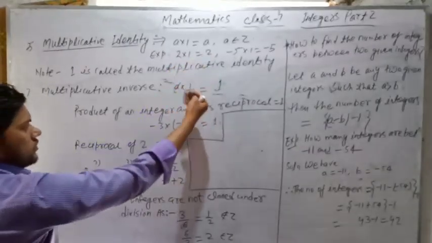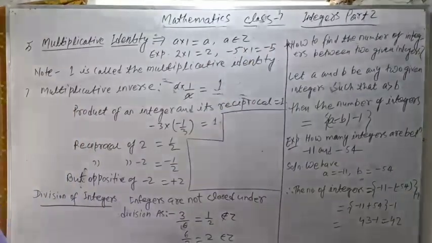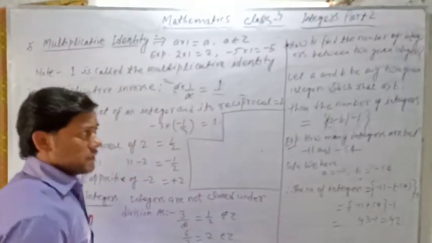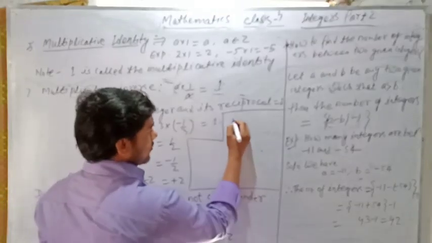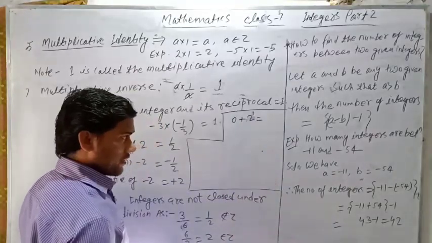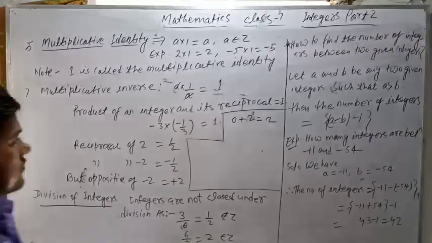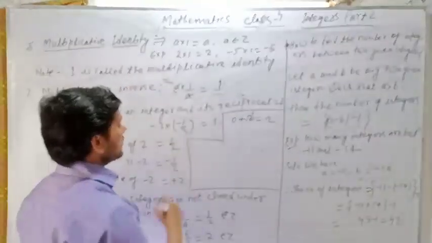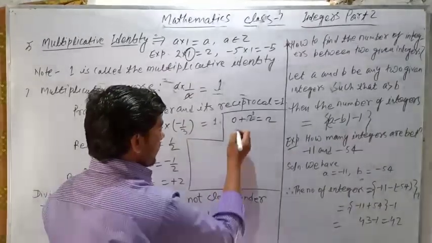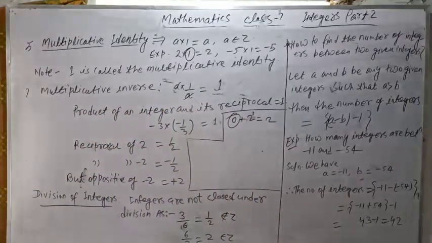That is, 1 is called the multiplicative identity. In additive identity, if we add 0 with any integer, we get that same integer itself. Similarly, 1 is called the multiplicative identity, and 0 is called the additive identity.